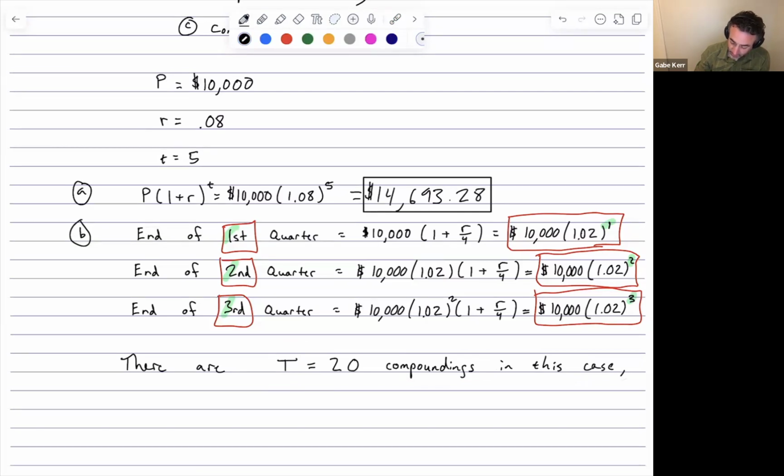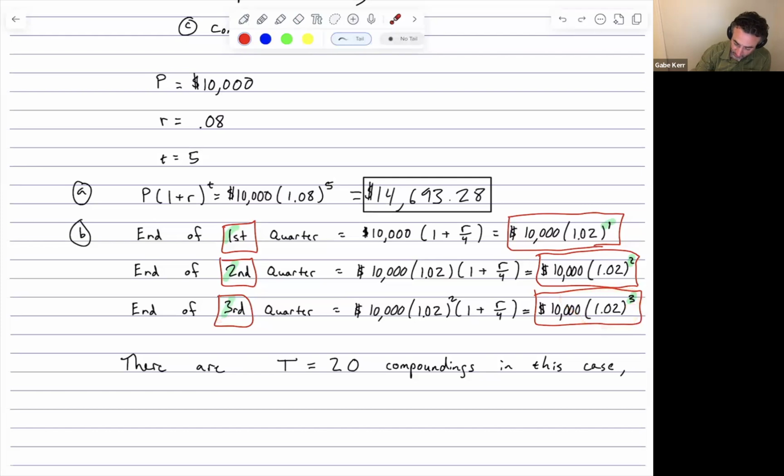So there are 20 compoundings in this case. At the end of the third compounding, we had 10,000 times 1.02 to the third.